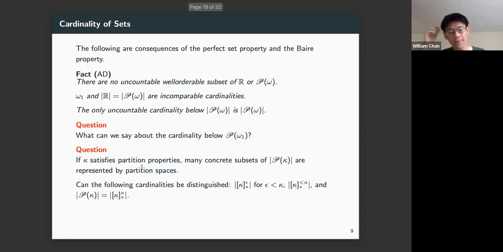When kappa is a partition cardinal, these partition spaces give you certain distinguished combinatorial subsets of the power set of kappa. For instance, for each epsilon less than kappa, we can look at kappa to the epsilon. We can also look at kappa to the less than kappa, and at the very top we have the power set of kappa, which is kappa to the kappa. So one question you can ask is, do all three of these have different cardinalities?